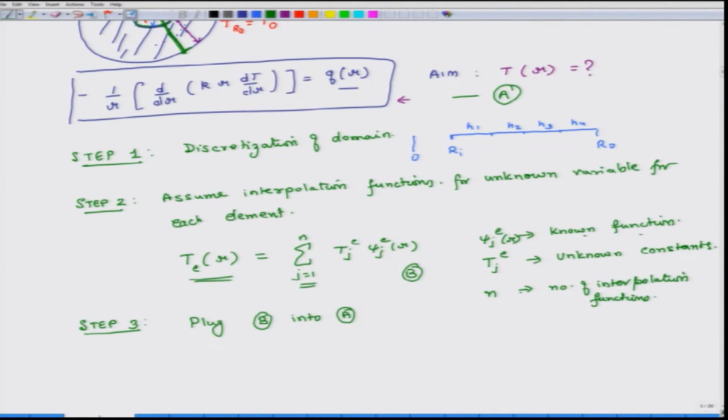So, plug B into A to get the error, and the other part of step 3 is to multiply the error, which I call E, by some weight function.